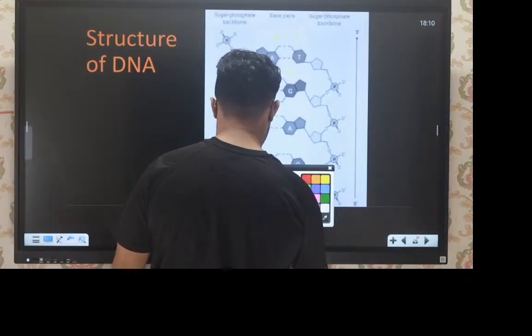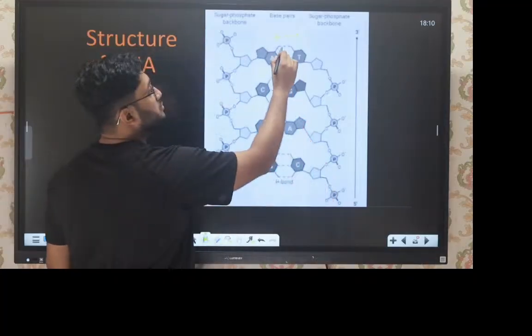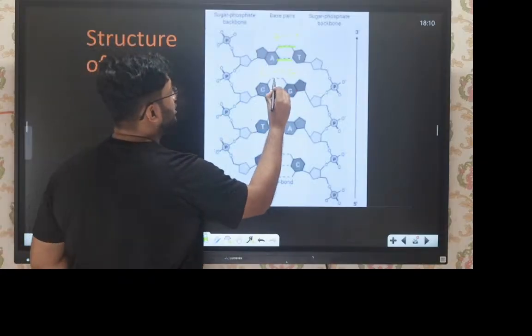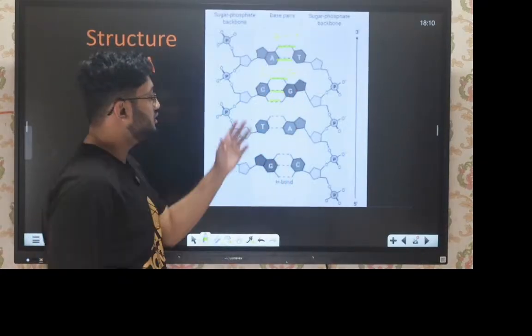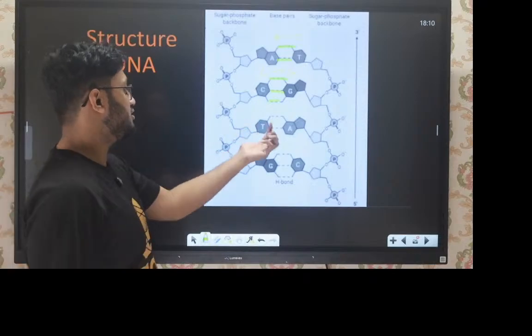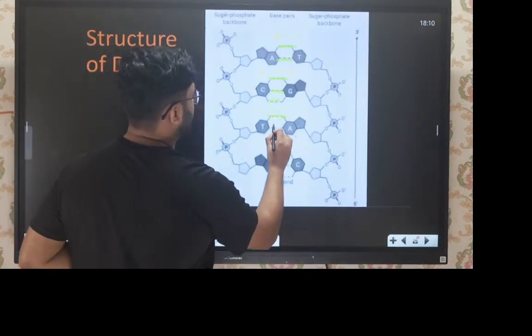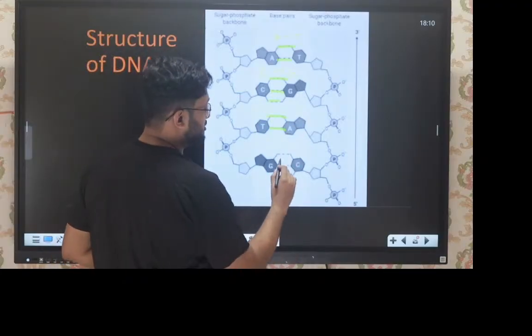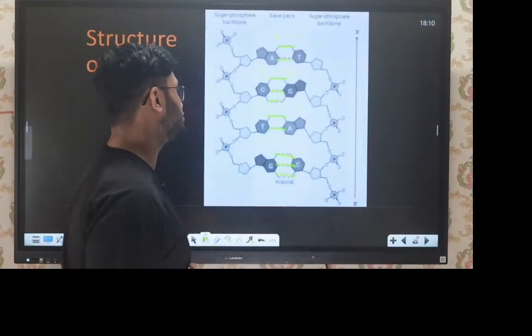So adenine forms two hydrogen bonds with thymine. Cytosine and guanine form three hydrogen bonds. So adenine goes in, it's just flipped: thymine and adenine form two hydrogen bonds, and guanine and cytosine form three hydrogen bonds.